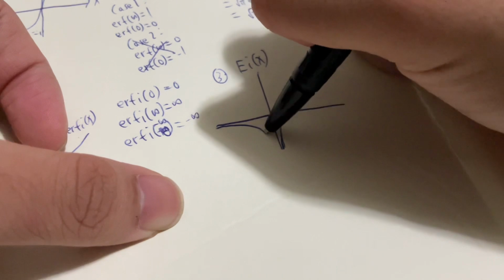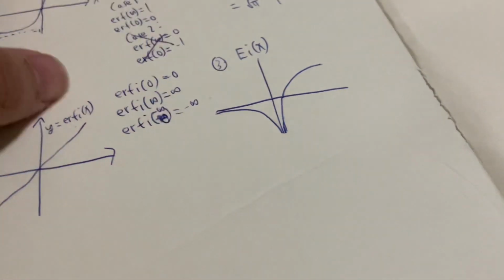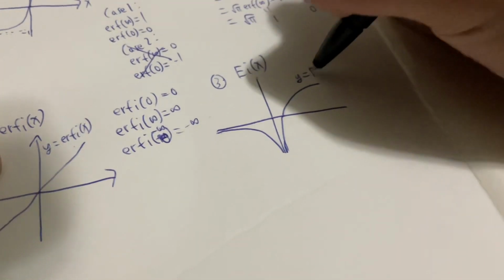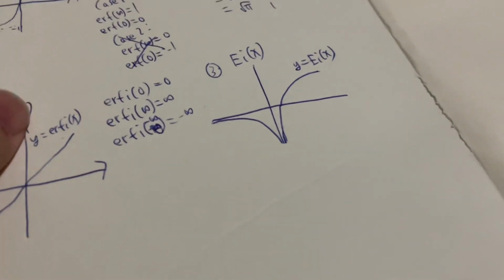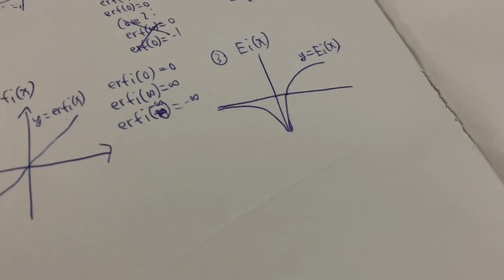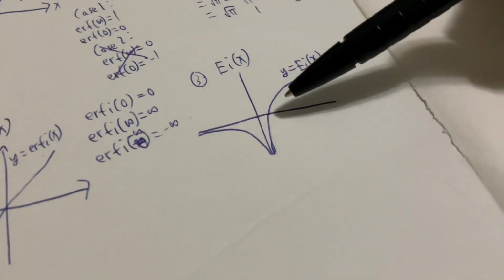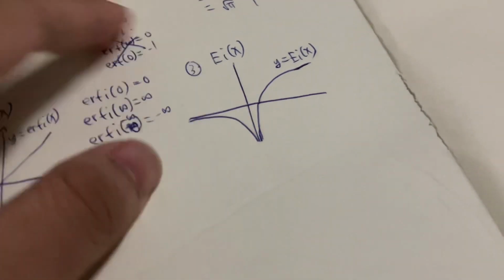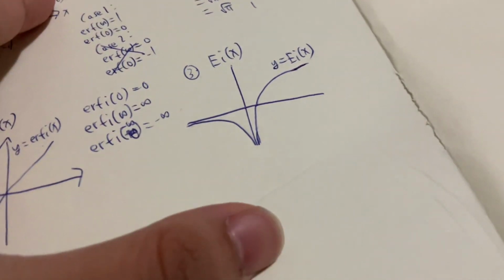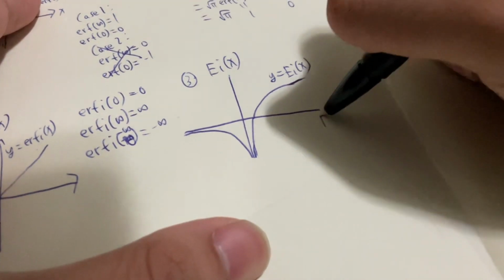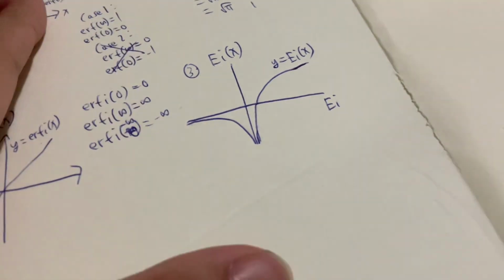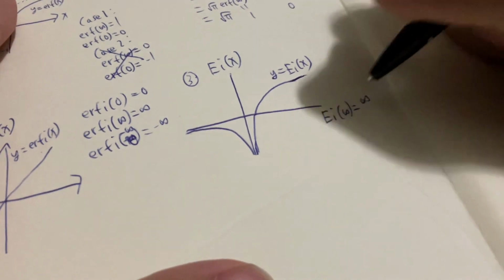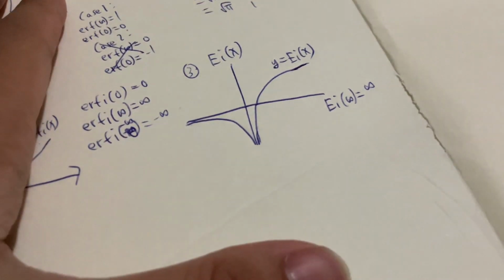Like that. This is really weird, the graph of Ei of x. So this is the graph of y is equal to Ei of x. And of course you can try Wolfram Alpha, and you see it keeps going on. I know I drew it kind of ugly, but Ei of infinity is pretty much, you just get infinity, right? It just keeps going to infinity.